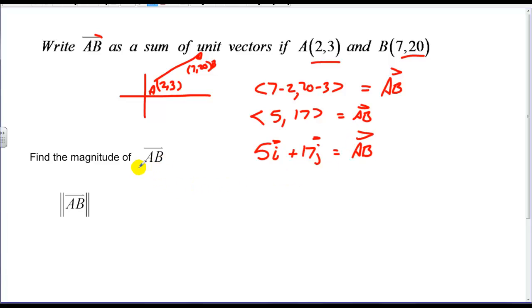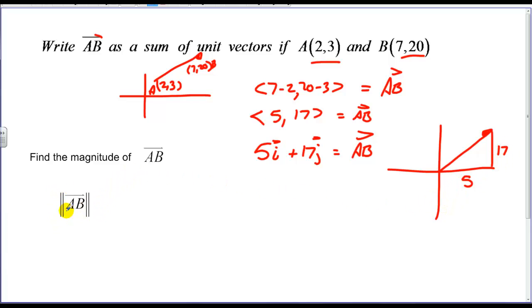If I want to find the magnitude of AB, keep in mind magnitude just describes how long it is relative to its distance from the origin in standard position. And if I know it has a horizontal length of 5 and a vertical length of 17, I can find its magnitude.